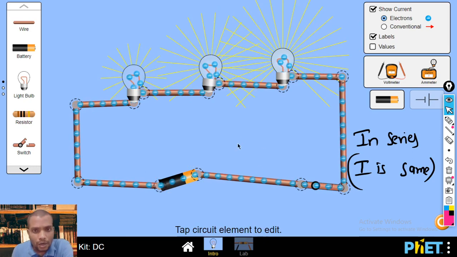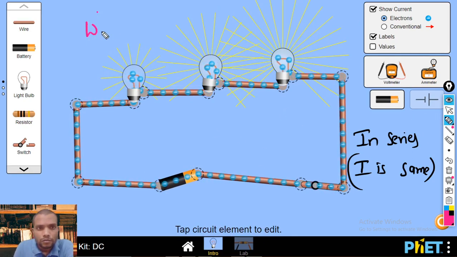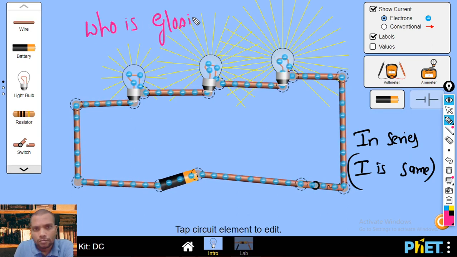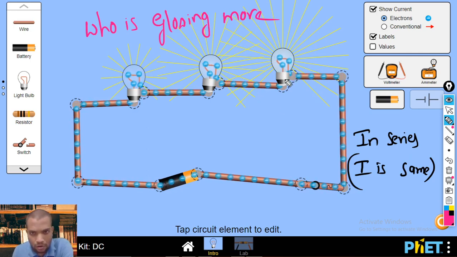Now here you can see which is glowing more. Who is glowing more? Obviously you can see the third bulb. Why is the third bulb glowing more? What is the reason?